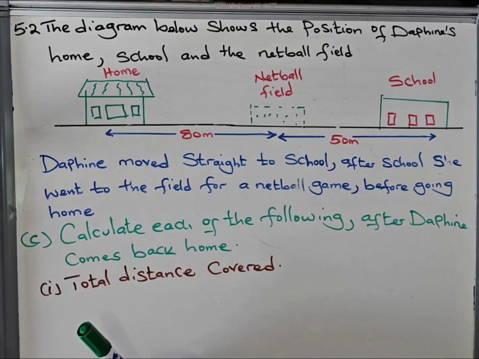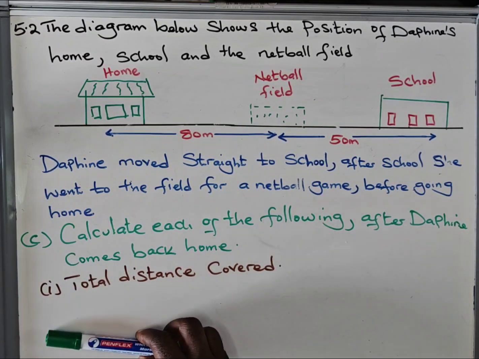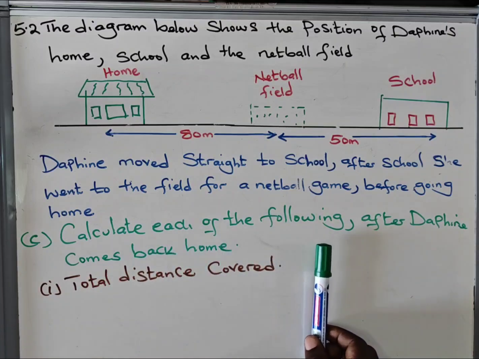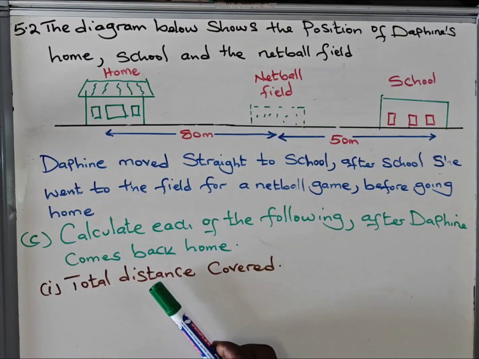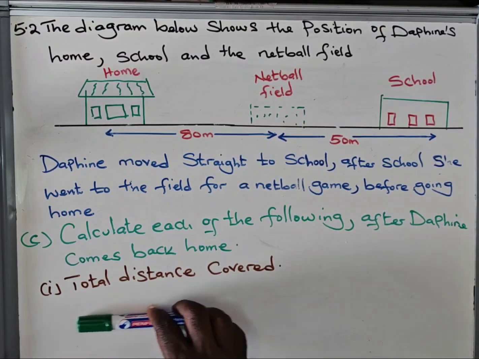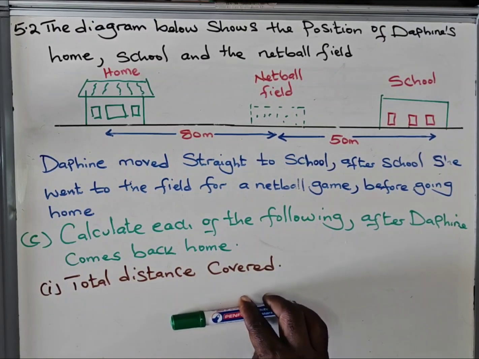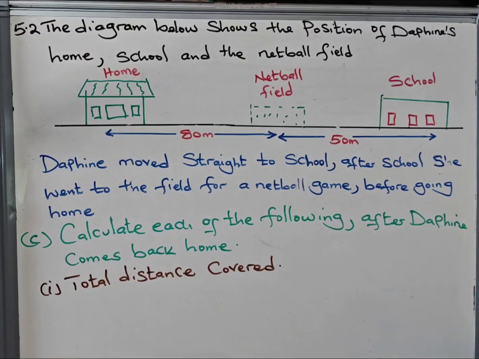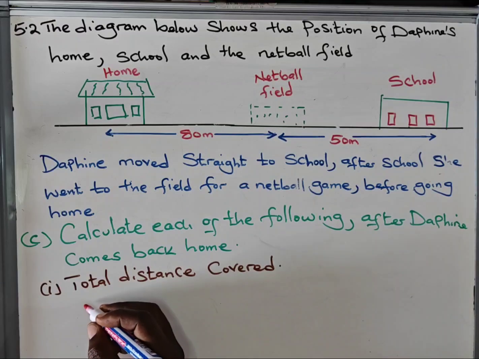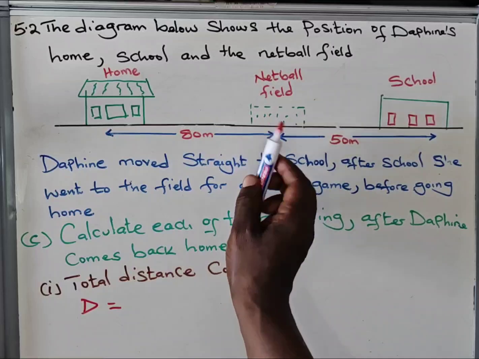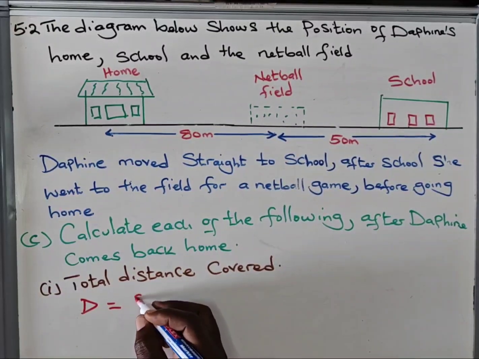Then we come to this question. It says, calculate each of the following after Daphne comes back home. The first one is total distance covered. What is the total distance covered after Daphne comes back home? We are going to say D is equal to, let us start, she moved 80.